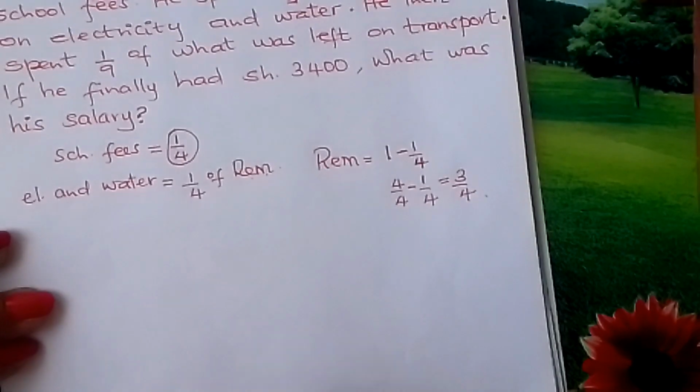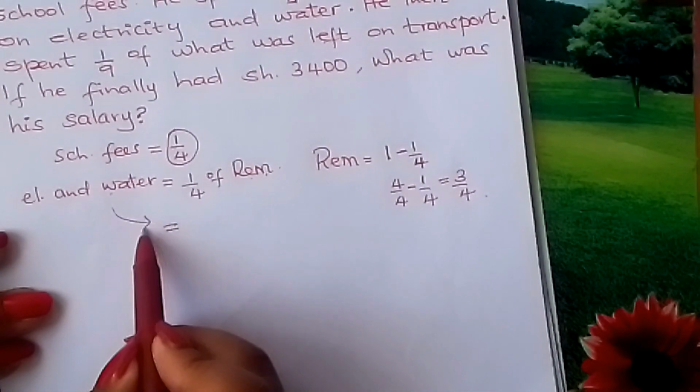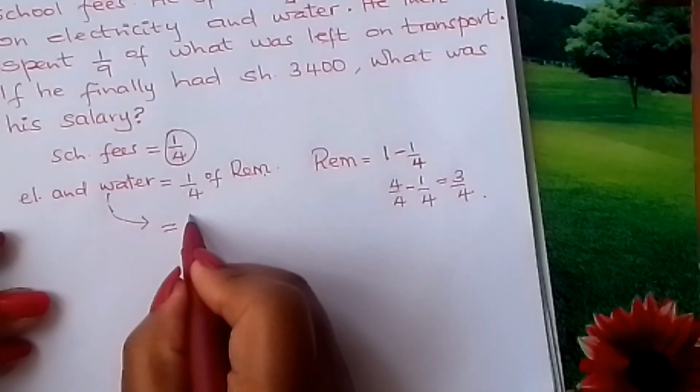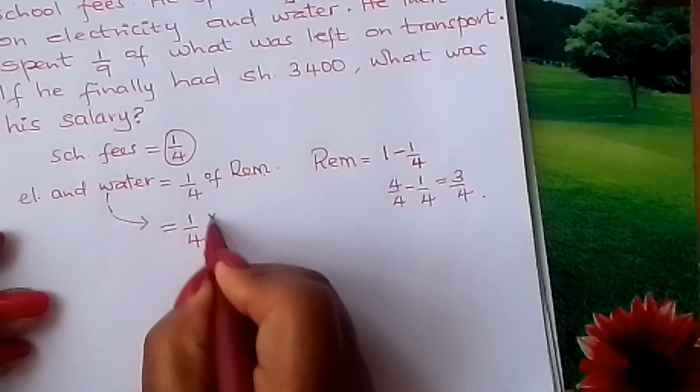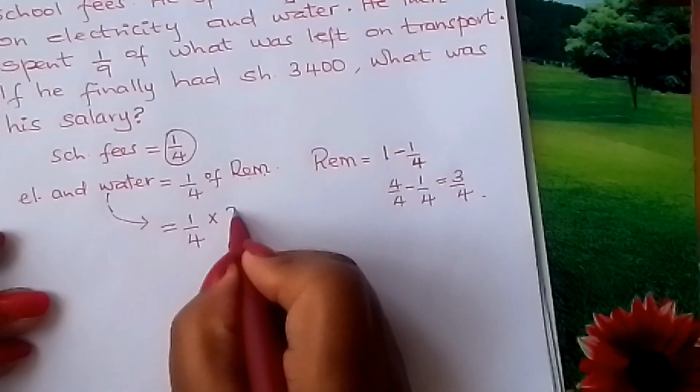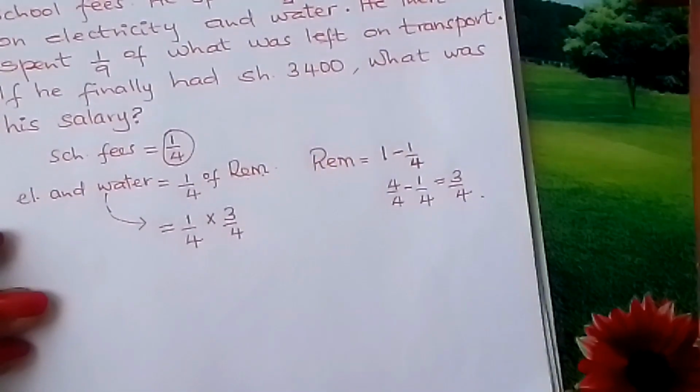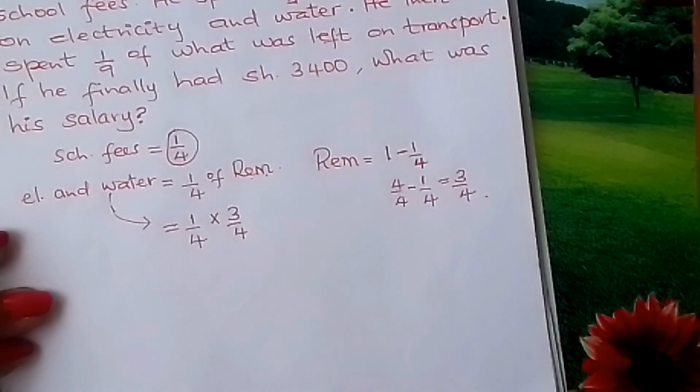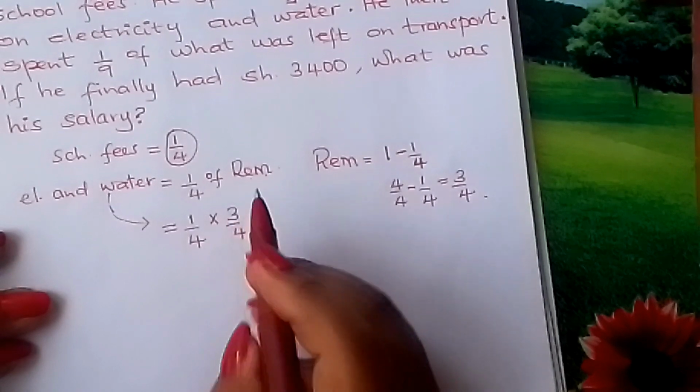So therefore, on water and electricity, he spent a quarter of the remainder, which is 3/4. I hope we are together. So, a quarter of the remainder, which is 3/4.